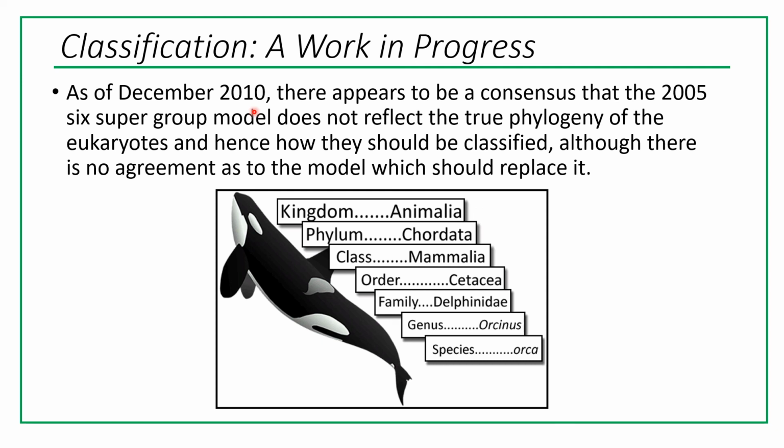As of December 2010, there appears to be a consensus that the 2005 six-supergroup model does not reflect the true phylogeny of eukaryotes, and hence how they should be classified, although there is no agreement as to the model which should replace it.